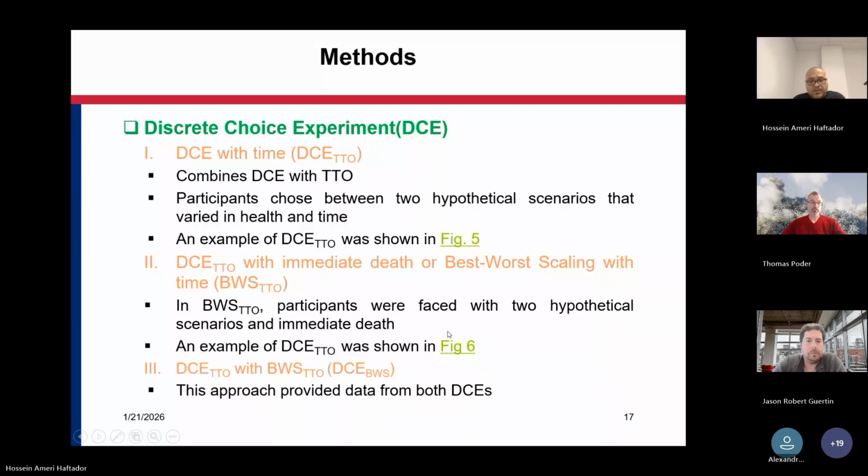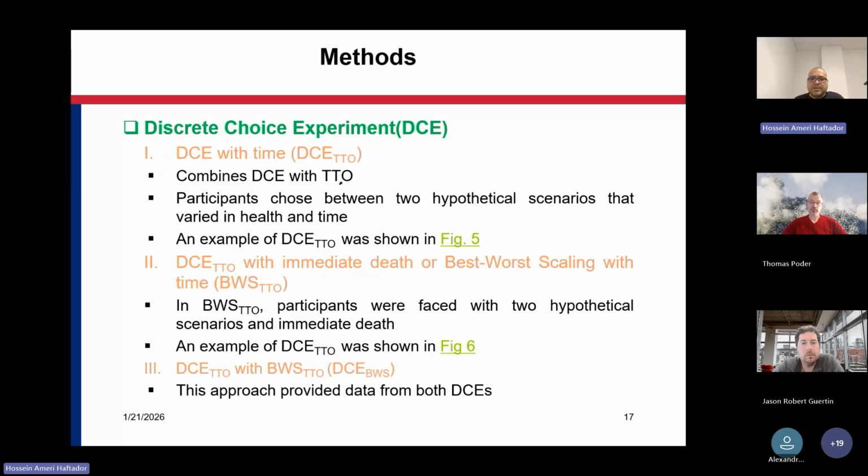In BWS TTO, a person was presented with three health states. Here is an example of BWS: health state A, health state B, and health state C. C is death without pain.